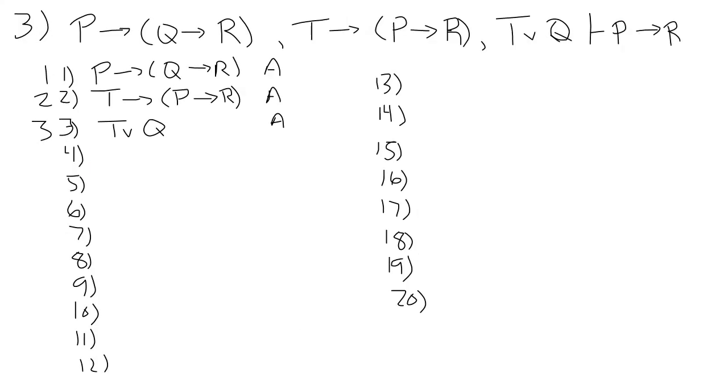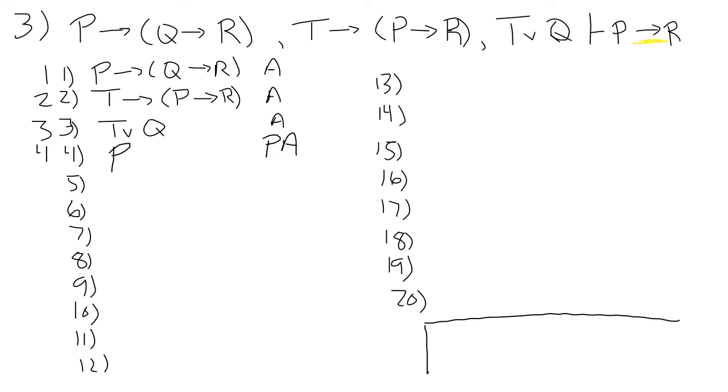Here in problem 3, our main operator is the arrow. So we know that in line 4, we need to assume P and look to derive R. So we'll assume P is a PA, and we'll look to derive R. Well, what we can do is we can toss the P into 1 to get Q arrow R, but we're going to end up getting stuck.